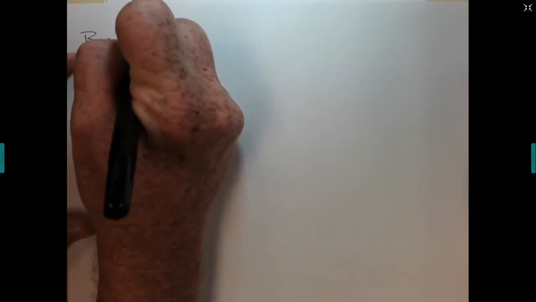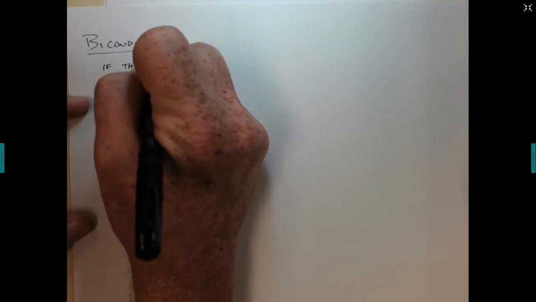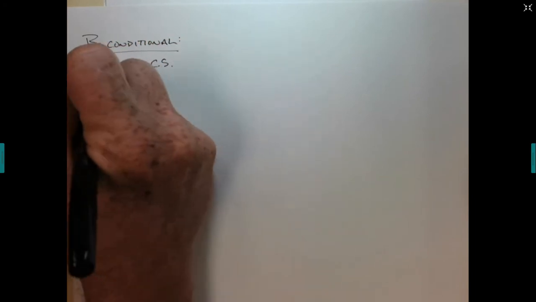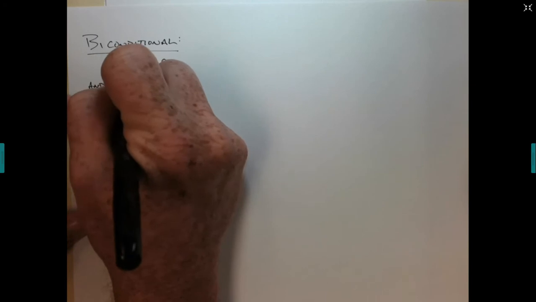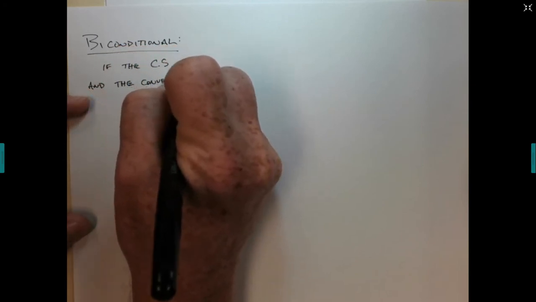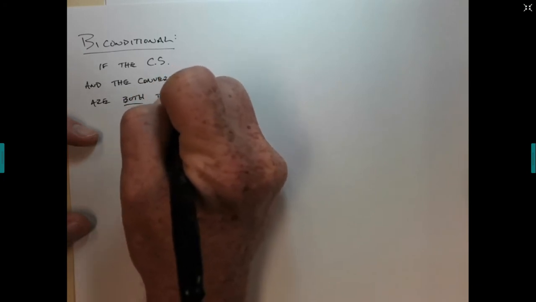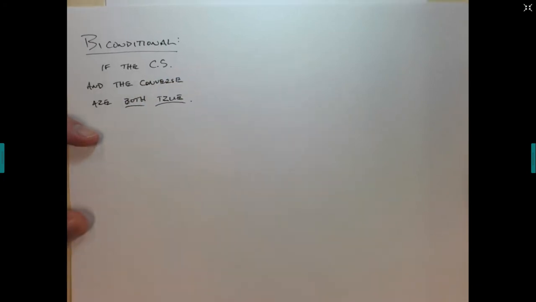biconditional. So these words, there's a lot of words. You're going to have to study these words. A biconditional can only be written if the original conditional statement and the converse are both true, which was the case with what we just wrote.